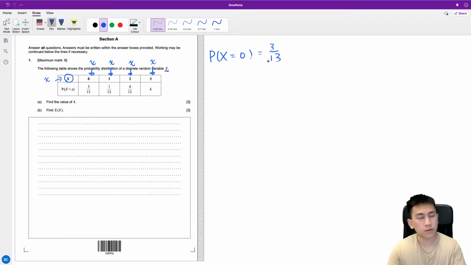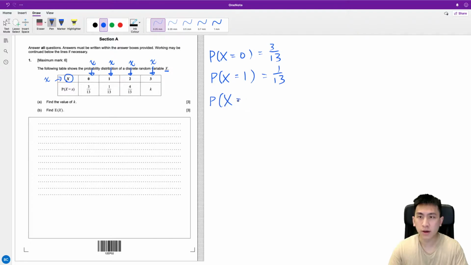Meaning, whatever you do, let's say it's rolling a 4-sided dice, like a tetrahedron, but it doesn't matter. The probability that you get 0 is that, the probability that the variable is 1 is 1 out of 13, and the probability that the variable is 2 is 4 out of 13.